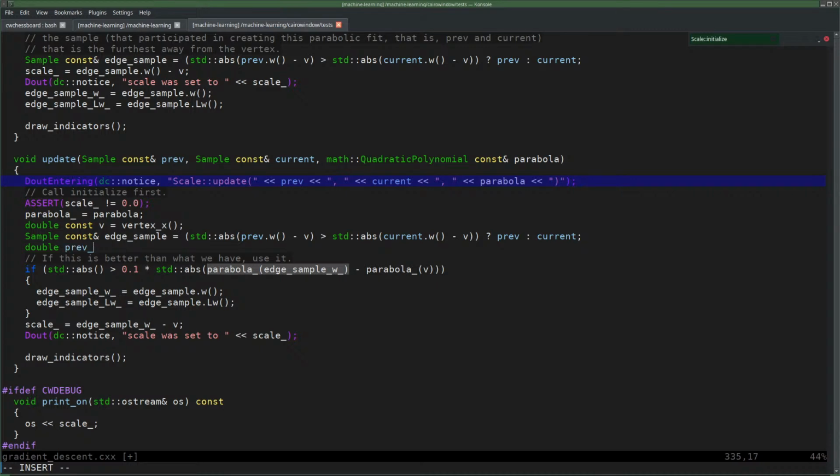It's a new parabola, I can't call it previous. Why previous then? It's yeah, whatever.